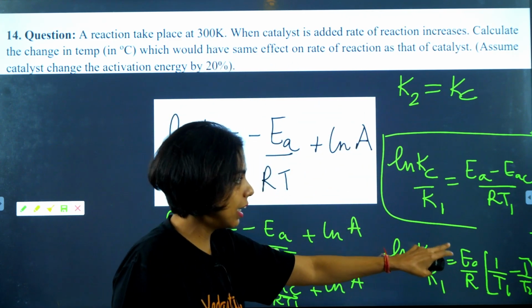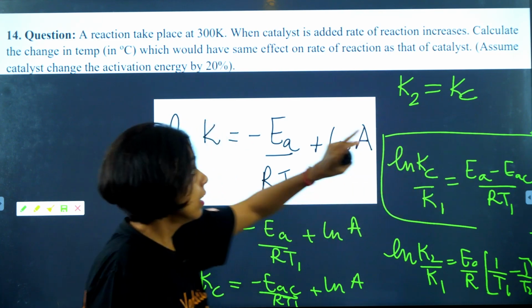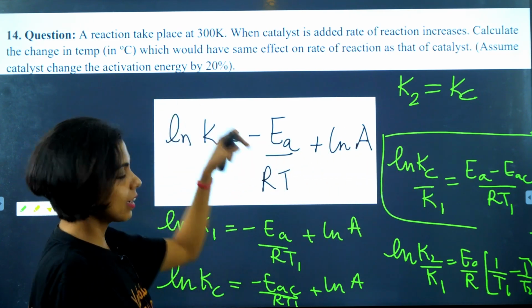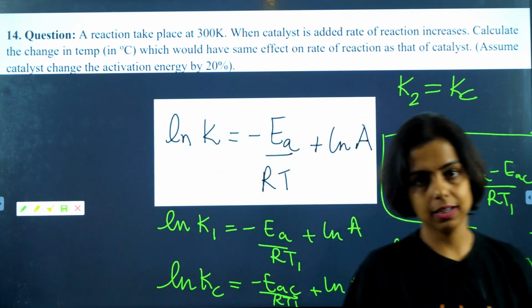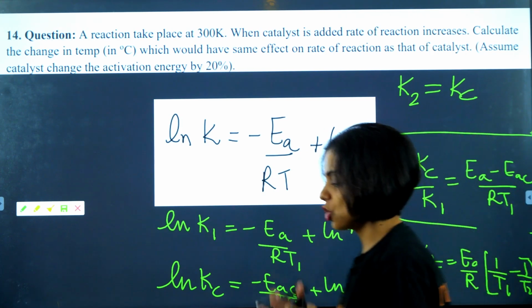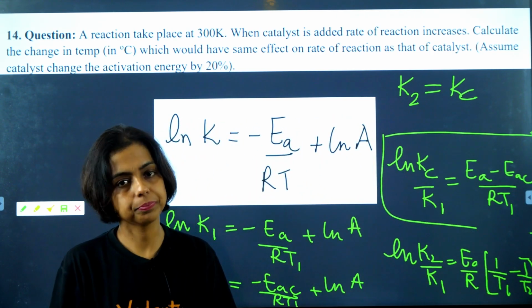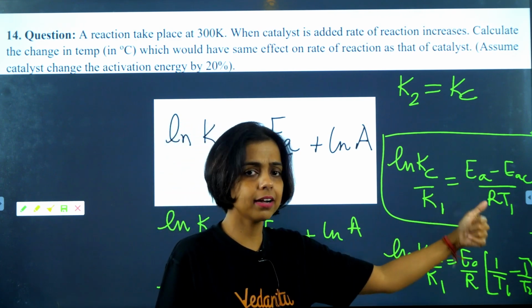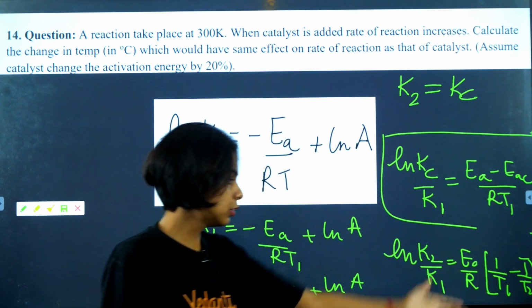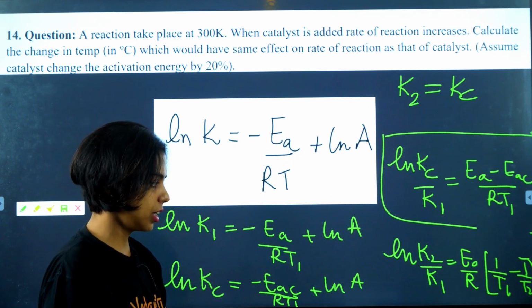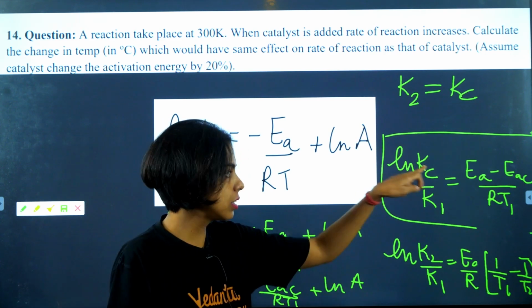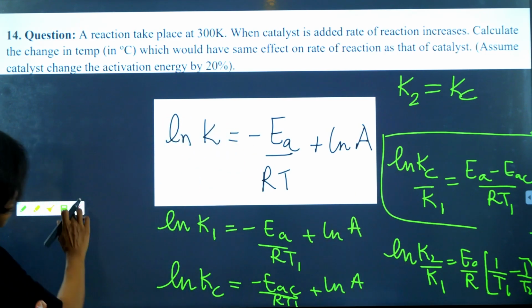You know EA and EAC because they told you to assume the catalyst changes the activation energy by 20%. So if it was initially 100, on adding catalyst the activation energy becomes 80. Take EA as 100 and EAC as 80, and you can solve and calculate the temperature. Equating these two equations, you will get your answer.